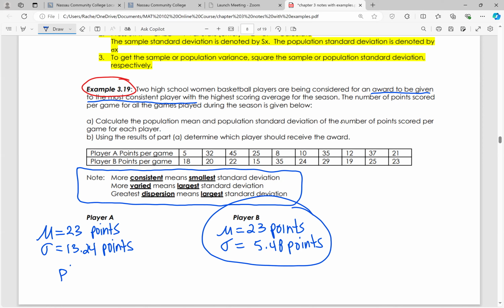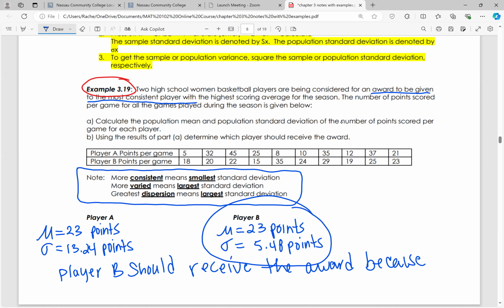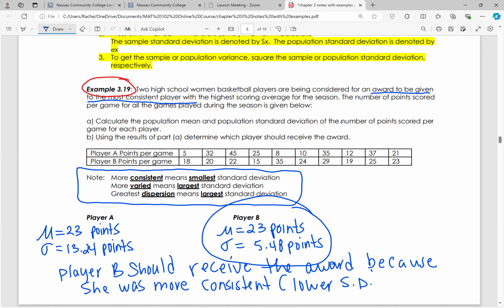Player B should receive the award because she was more consistent, meaning she had a lower standard deviation than player A.